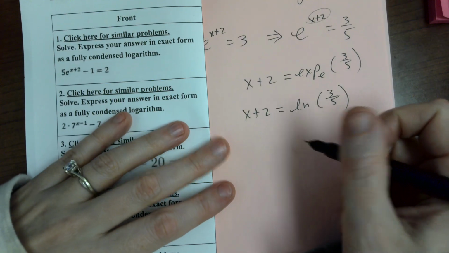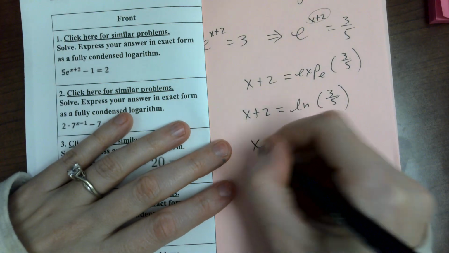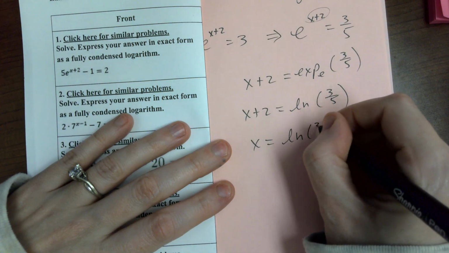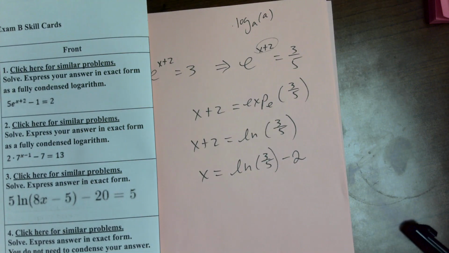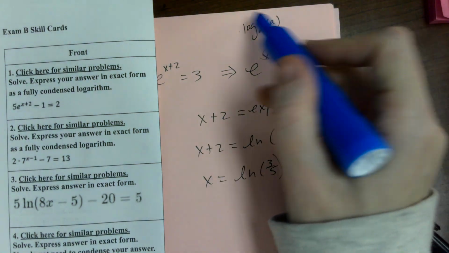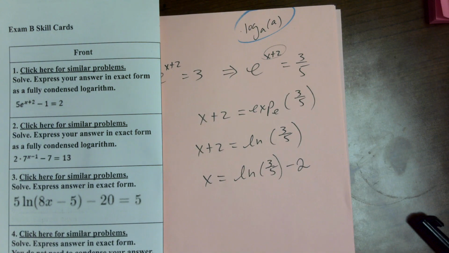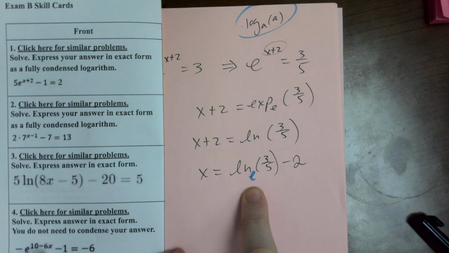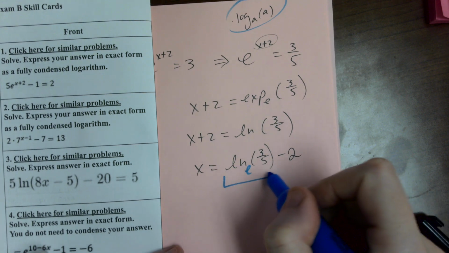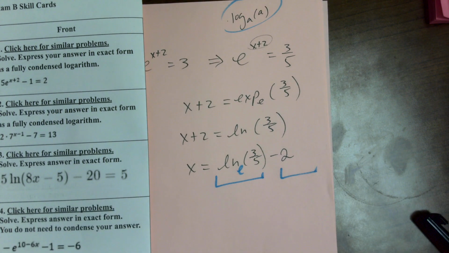Then you have to subtract the 2. Okay? And then this is the step where you're going to have to multiply by log base A of A. And the A is whatever this first log's base is. So this term is a log, that term is not.